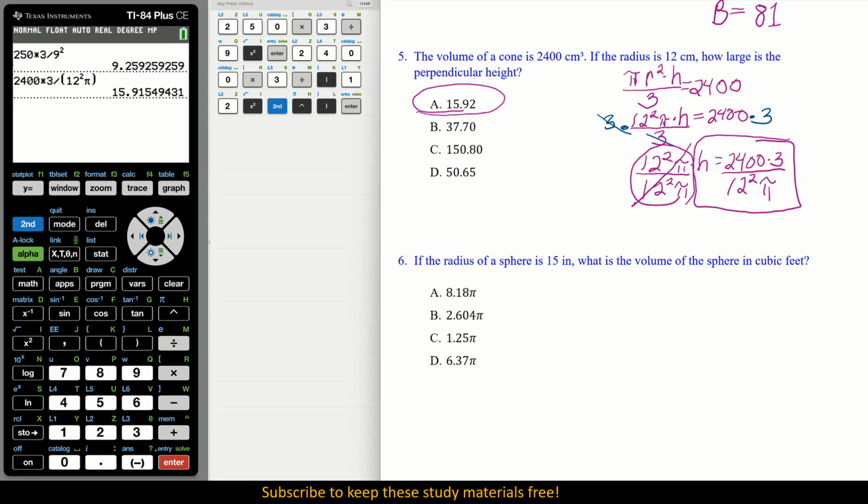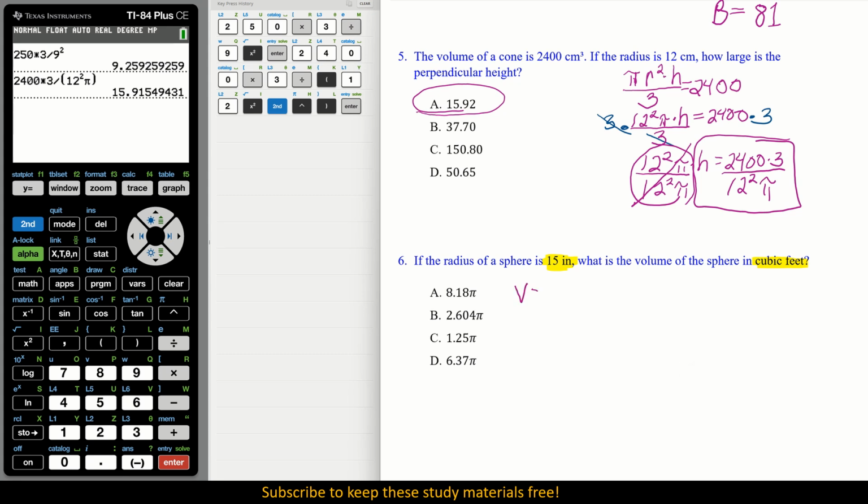If the radius of the sphere is 15 inches, what is the volume of the sphere in cubic feet? I can already see that we need to be careful with inches and feet.